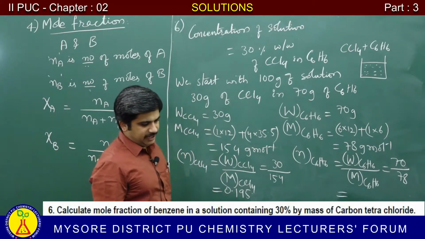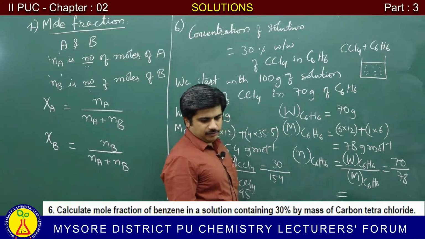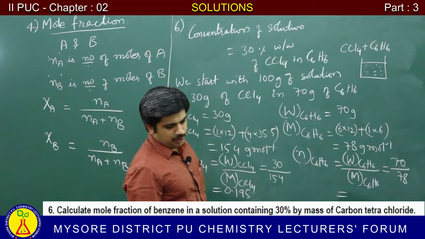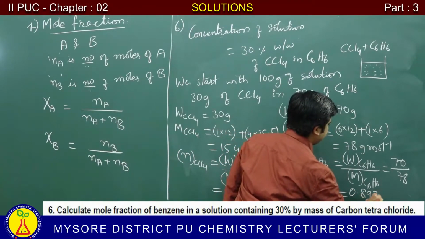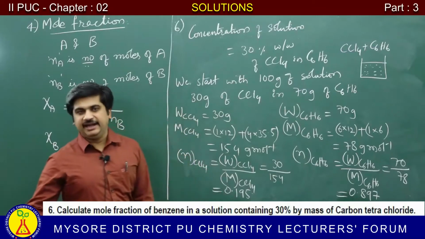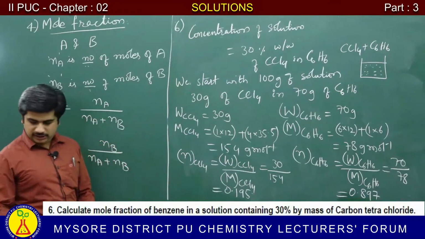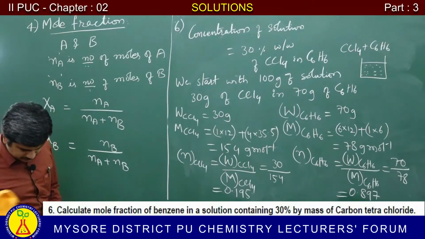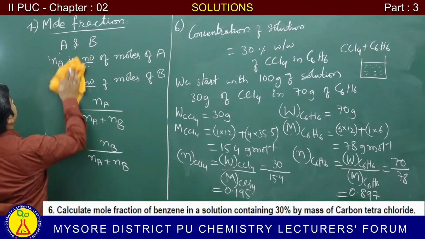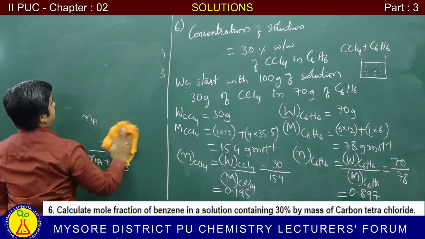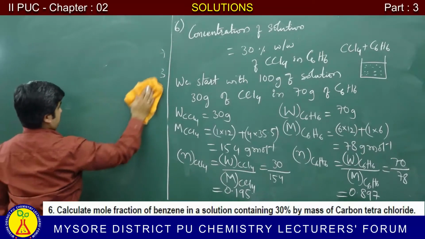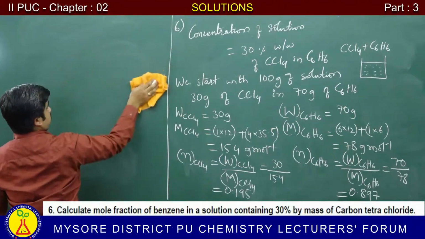So we get 0.897. So once we know this, it is easy for us to find the number of moles, I mean the mole fraction. Okay? We can now directly apply it in the formula.